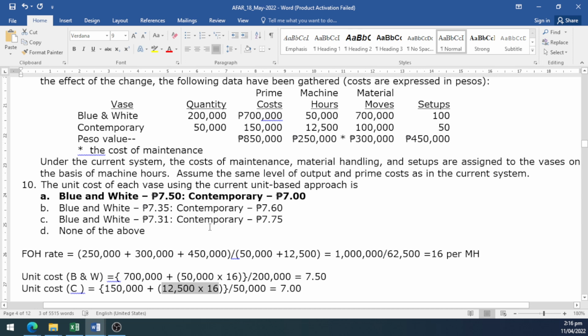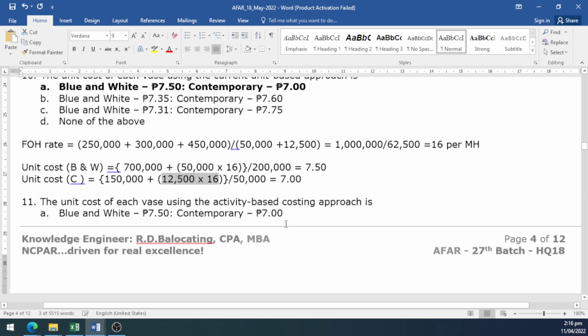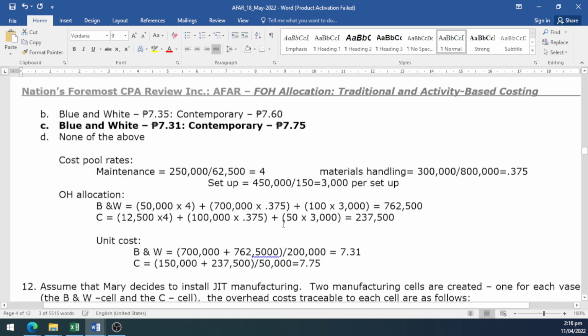We have illustrated that kanina. Or we may allocate the overhead directly based on the consumption ratio. Whichever method you use. Pero di naman ang lalabas dyan eh. Anyway, here are the cost pool rates, ladies and gentlemen. For maintenance, the rate is 4 per machine hour. For materials handling, the rate is 0.375 per move. And for setup, the rate is 3,000 per setup.